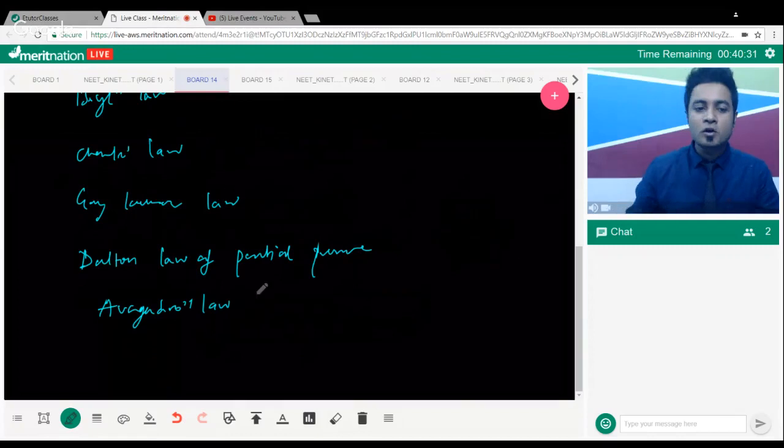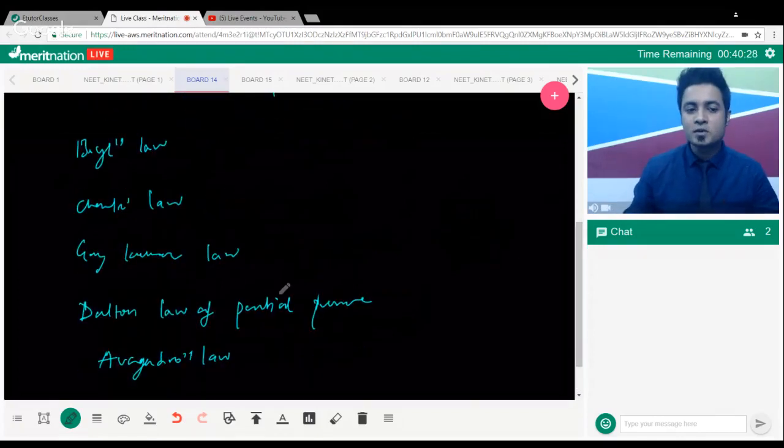These are the laws you must have studied in chemistry as well, so these are the important ones.